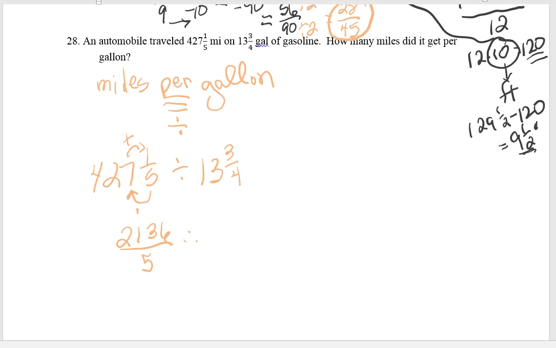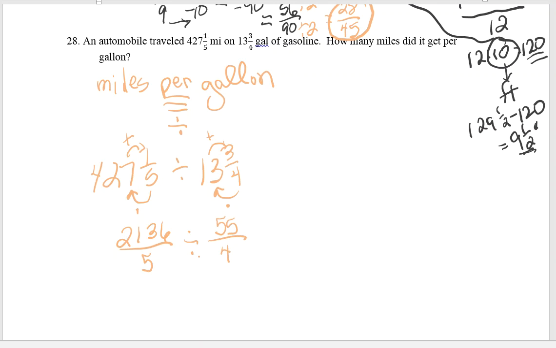Right now I'm going to go ahead and leave this as a division just because we're switching the fractions to impropers right now. 4 times 13 is 52. 52 plus 3 is 55. And the bottom still stays the 4.